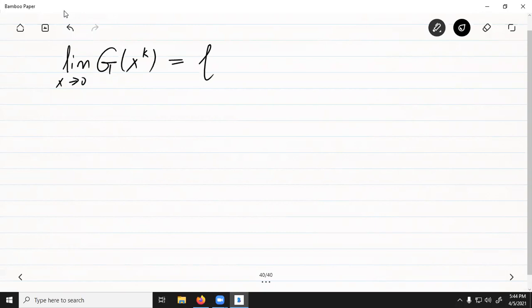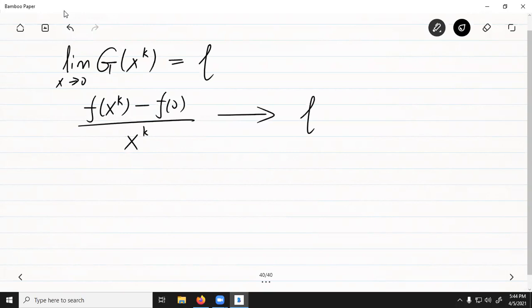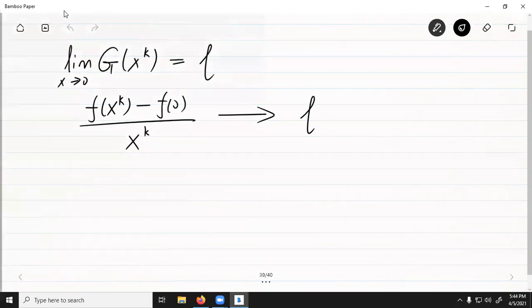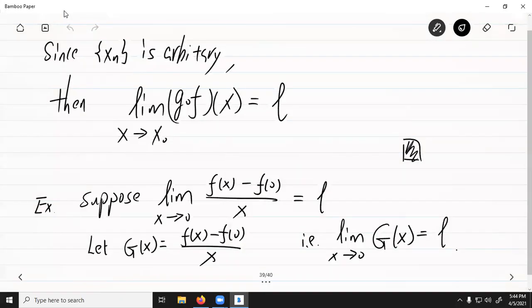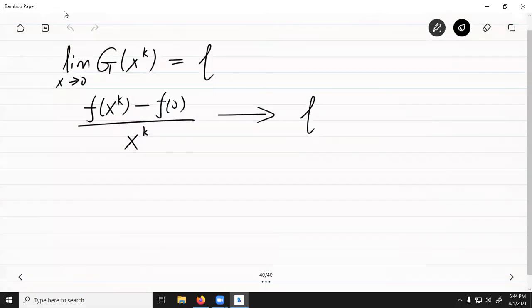So what does this mean? This tells you that f of x to the kth power minus f of 0, over x to the kth power, will converge to L. If you know this one, then you can find the limit for this one. The same thing for here, c times x.